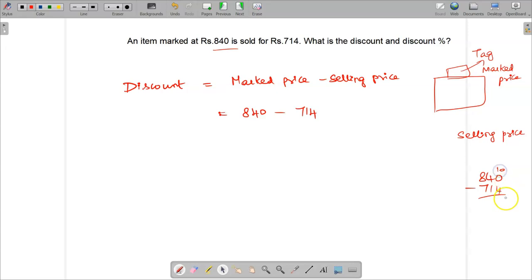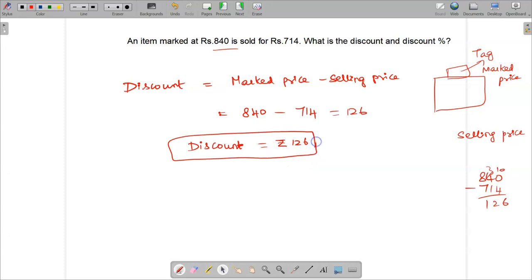Here 10 minus 4 is 6. We have 3 here, 3 minus 1 is 2. And then 8 minus 7 is 1. So 126 rupees is the discount. The discount given for the particular item is 126 rupees. This is the amount of the discount we are getting.